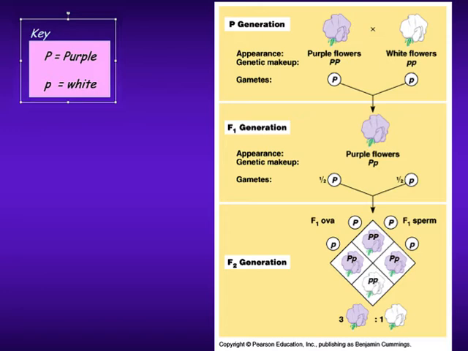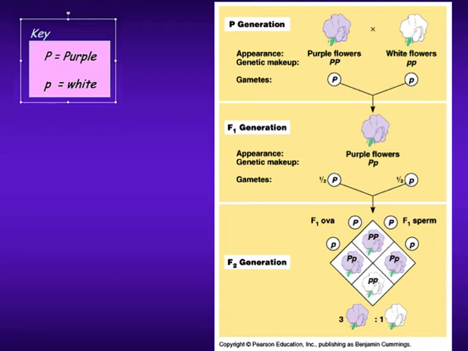So the homozygous dominant in the top square gives us purple flower phenotype. The two in the second tier with the heterozygous genotype give us the dominant purple phenotype, and the one at the bottom with the homozygous recessive genotype gives us white phenotype. The ratio of phenotypes is 3 purple to 1 white.